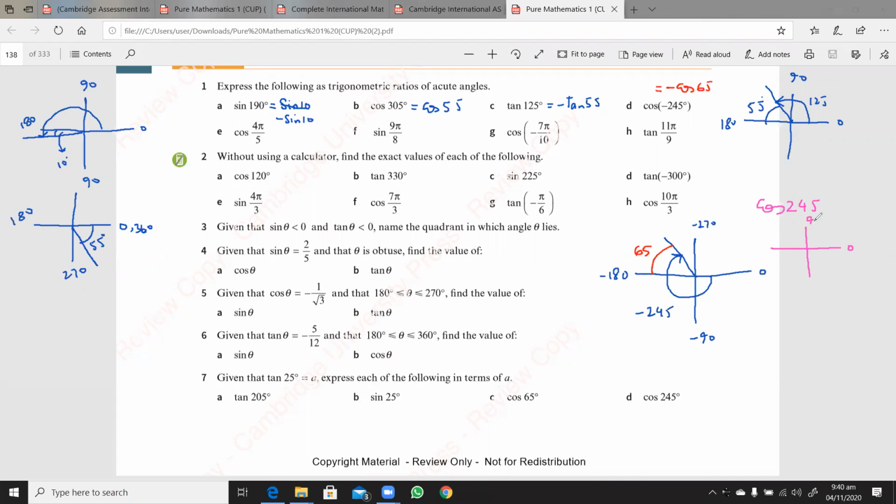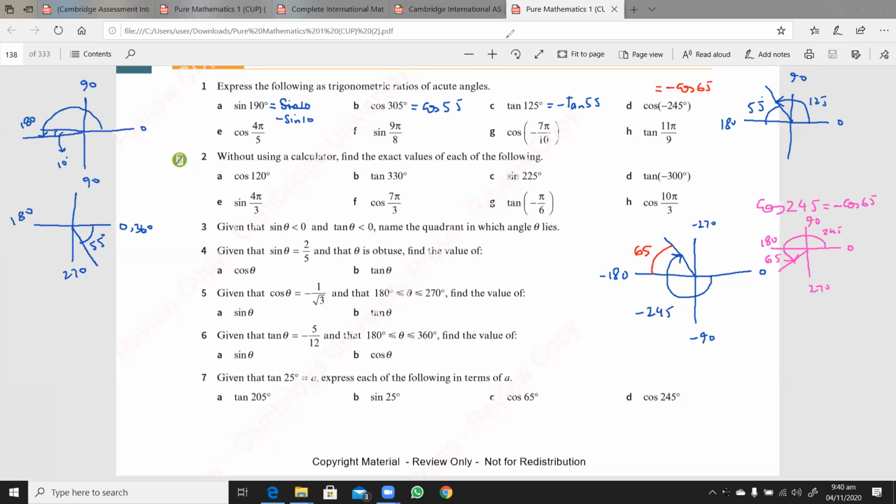This is 0, 90, 180, this is 270. We are here. This one is 245. So this is 65 degrees here. So cos 245 is also minus cos 65. Please check that. Cos 245 is the same as minus cos 65. Is it so? Yes, sir.